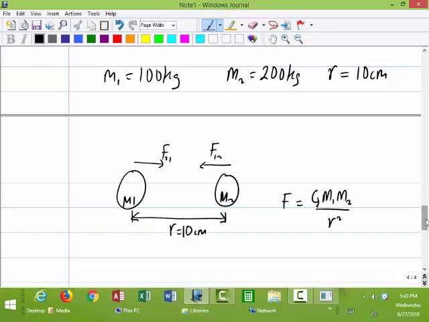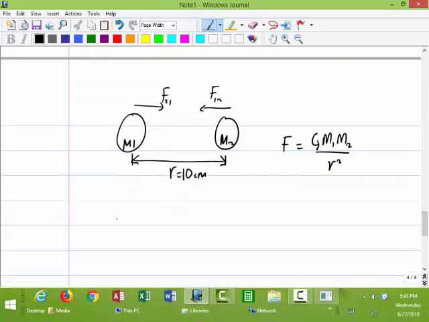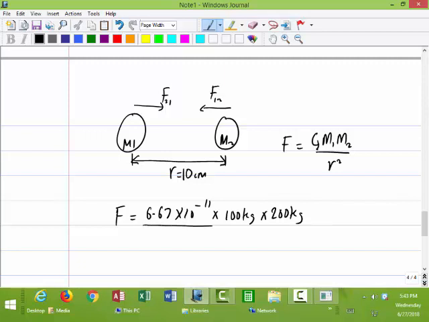So we just plug the numbers in: 6.67 times 10 to the negative 11, multiplied by 100 kilograms, multiplied by 200 kilograms, divided by 10 centimeters, which is 0.1 meters, squared. Then we can do the calculation to find the answer.